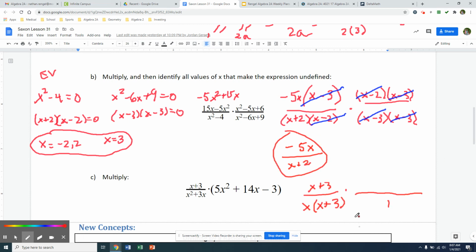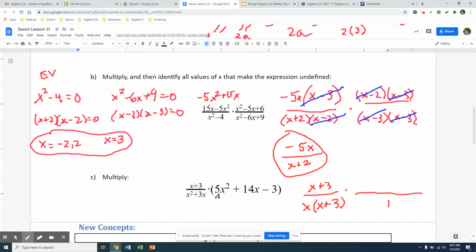In our last one, in the essence of time, I've got my x plus 3. That's already in simplest form. My denominator, I have an x in common, so the x factors out times that x plus 3. Now I'm going to work on factoring this trinomial. So I need to somehow multiply to 5x squared and a negative 3 with my first and last, but then add up to 14.